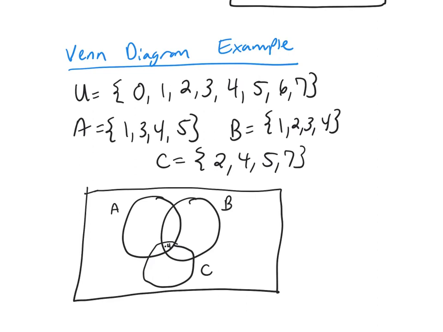So in here is the number 4. Now let's look at what A and B have in common. A and B have 1, 3, and 4 in common. So in this other part right here, I need to put 1 and 3 there.